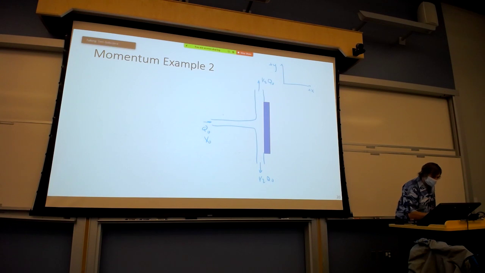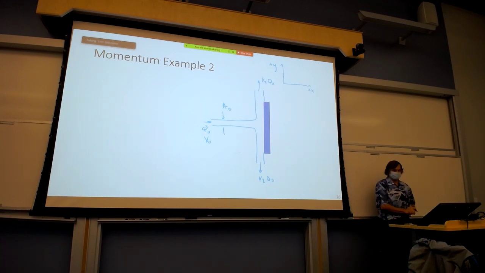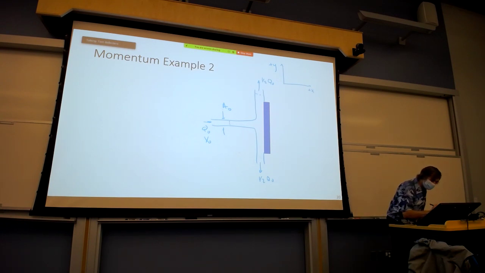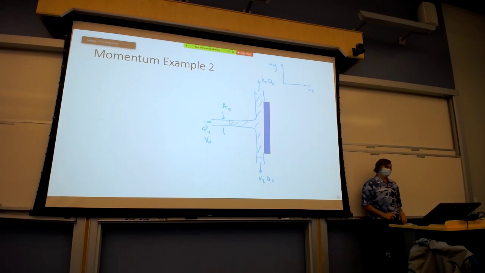And we have V0 and E0. So you're looking down on the horizontal plane, and we see this, and then we just identify that everything in here is our control volume.